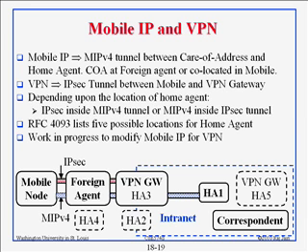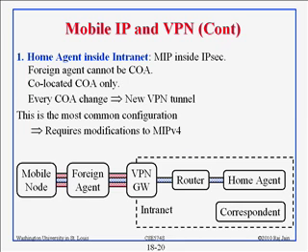Alright, so there is an RFC which solves this problem, 4093. It lists 5 possible solutions to this. And I'll just tell you one, which is the most common one, is that you put basically the home agent inside the intranet such that you can set up a VPN tunnel with the VPN gateway, and everything that you are sending to the home agent is sent as a packet inside that security tunnel.